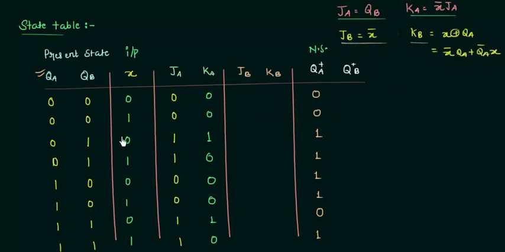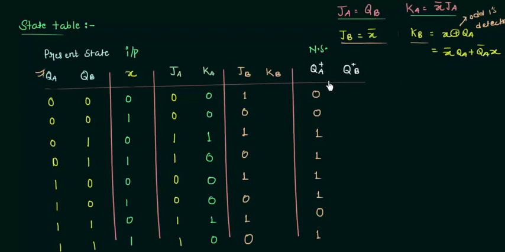JB is X complement, so it's simply the complement of all these values. So I have 1 0 1 0 1 0 1 and 0. KB is the XOR combination of X and QA, so it is simply the odd ones detector.